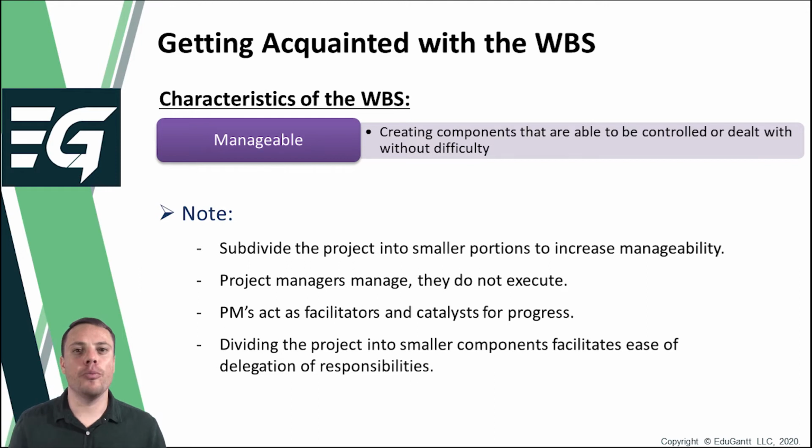The final component of the WBS definition we will be paying some closer attention to is the purpose of manageability and how this is accomplished by the WBS. Before we jump into the manageability aspect of the WBS, let's first spend some time thinking about effective management in general terms. Management is the process of dealing with or controlling things or people. Making something manageable is therefore the process of creating components that are able to be controlled or dealt with without difficulty.